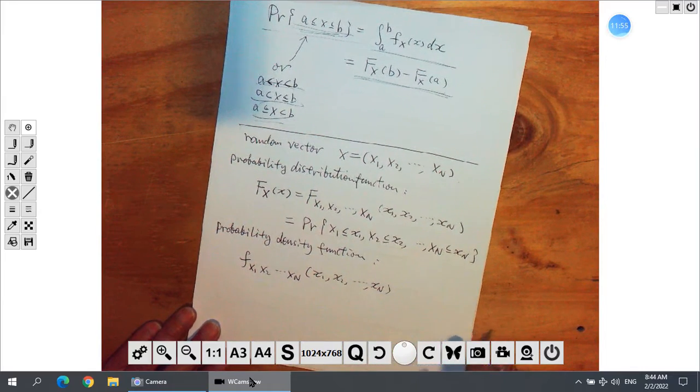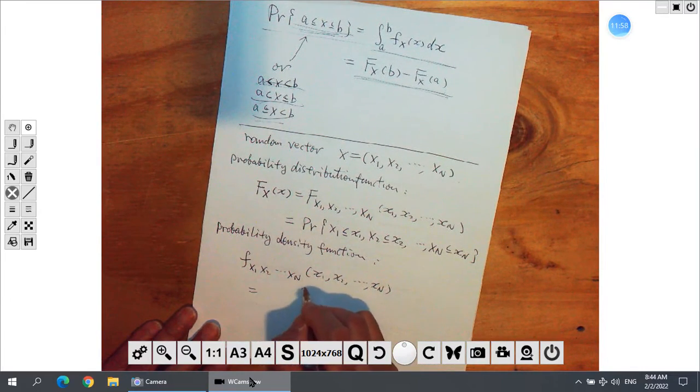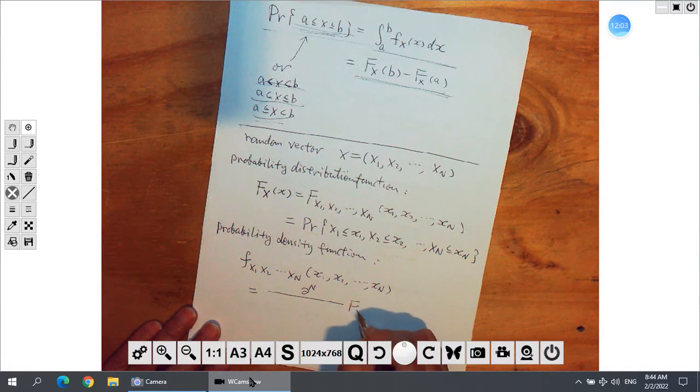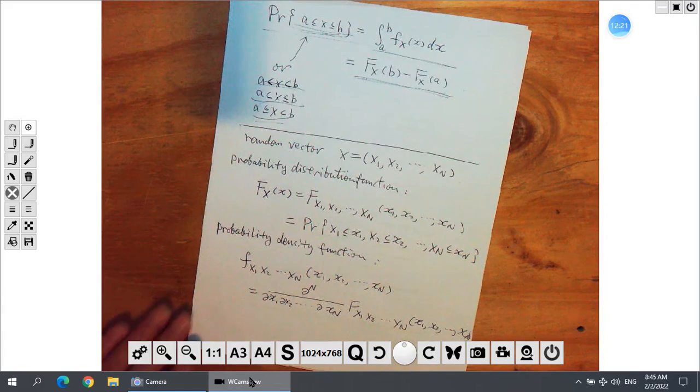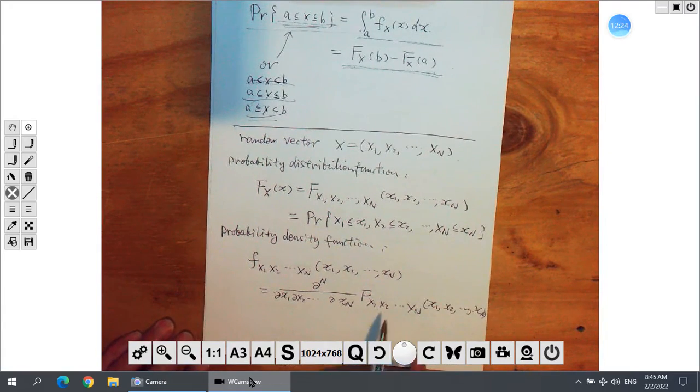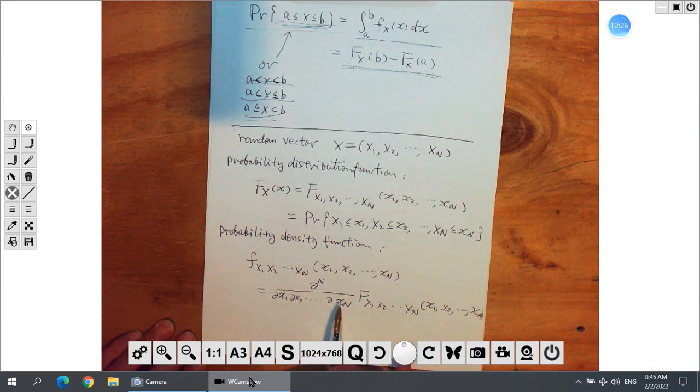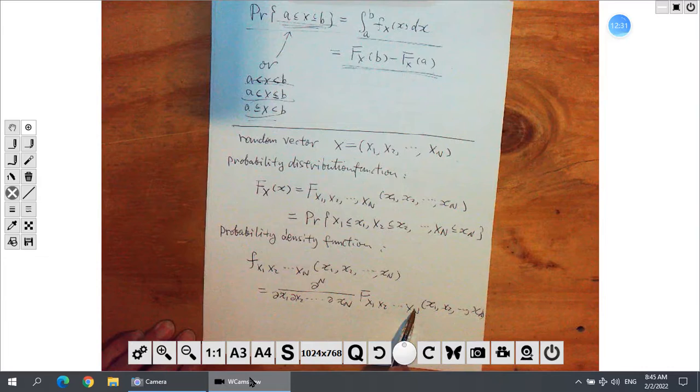This one equals the derivative, n times, of capital F of x1, x2 until xn, that is, partial x1, partial x2 until partial xn. You take the derivative with respect to each variable, so totally n times, on this distribution function. Then you have the density function.